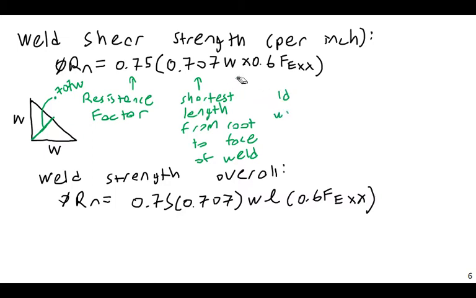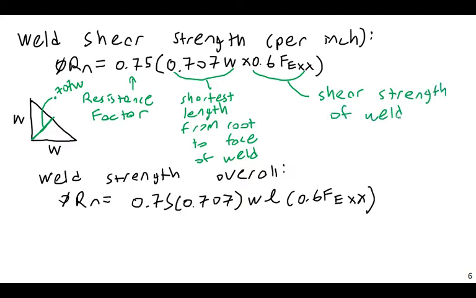Well, actually, let me show this arrow applying the whole thing here to this 0.707 W and 0.6 FEXX. This is basically the shear strength of the weld material.